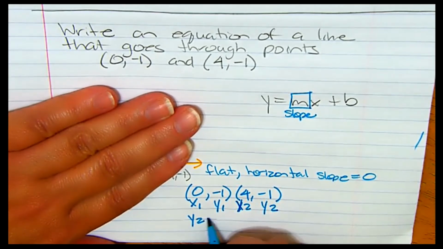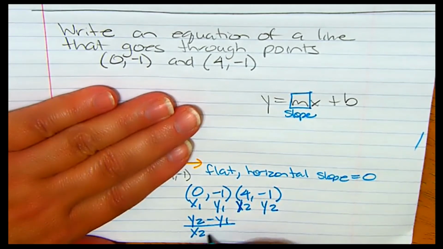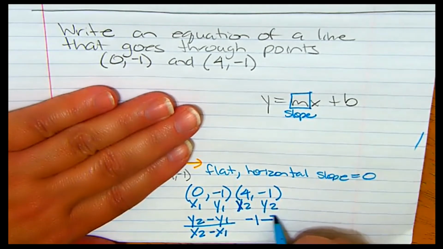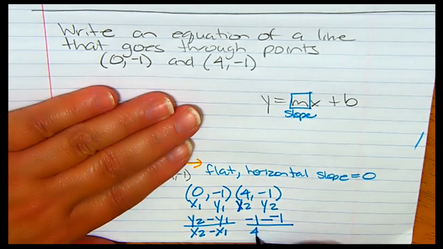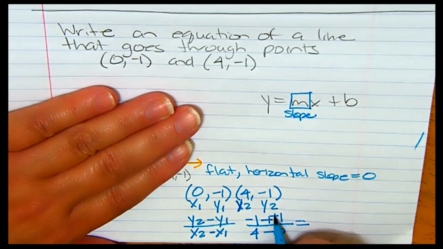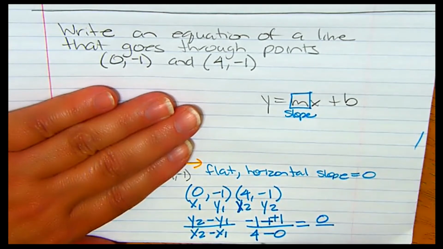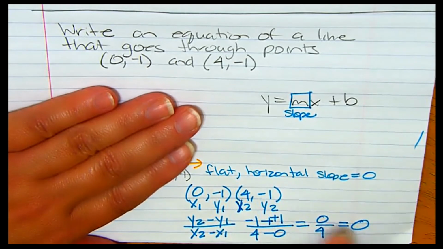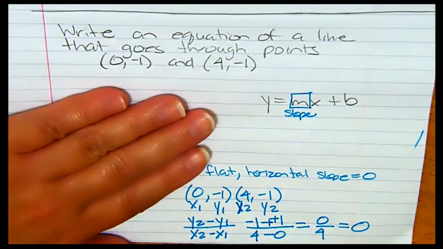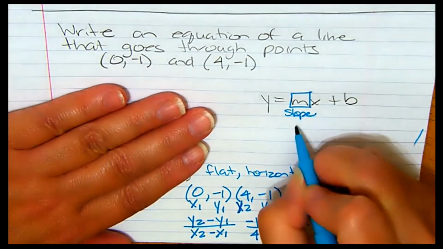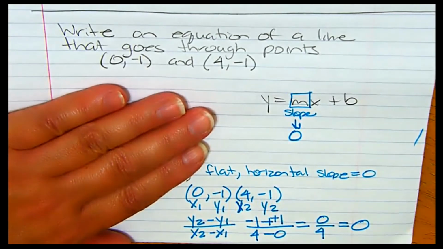Okay, y2 minus y1 over x2 minus x1. So -1 minus -1 over 4 minus 0. -1, a negative and a negative is positive. Oh, that's 0. 0 over 4. 0 divided by any number is 0. So even if I didn't create a graph and I just used my 2 points, I could still figure out the slope. So my slope is 0.